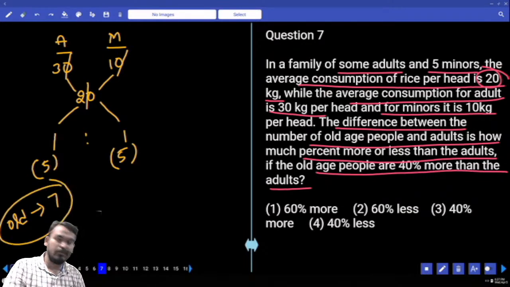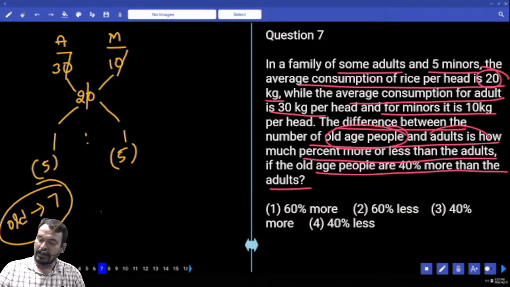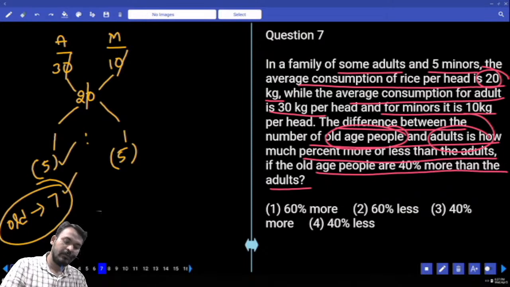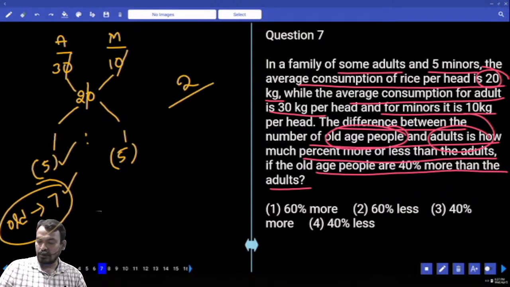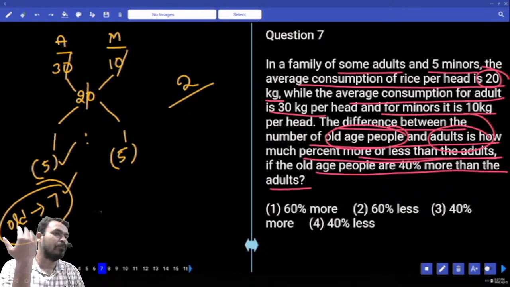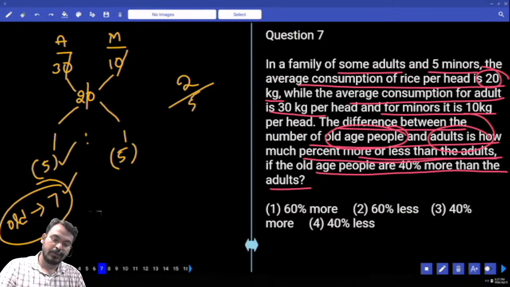Old age people are 7 members. The question is the difference between old age people and adults. The difference between 5 and 7 is 2. The 2 will be compared to adults, so 2 upon 5, which is 40%. Less or more?